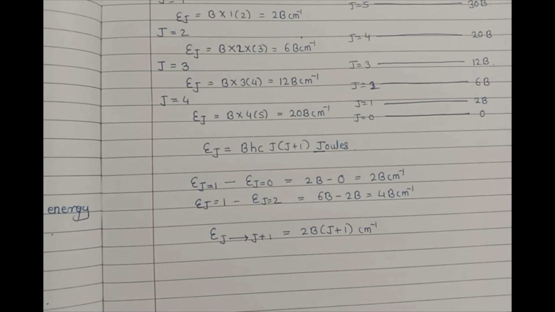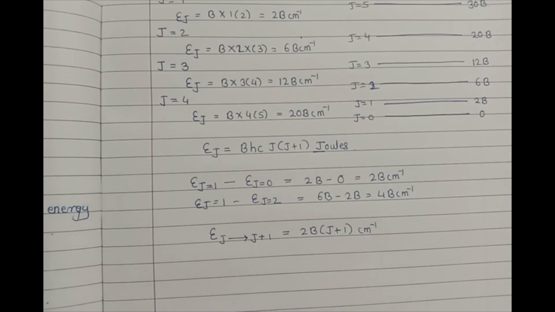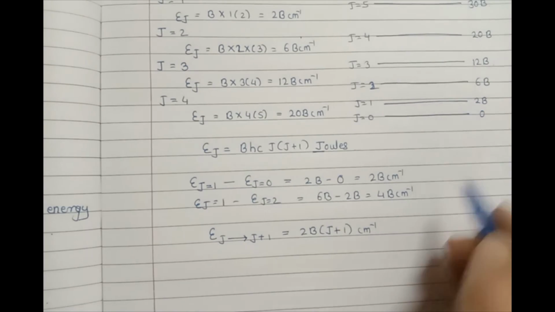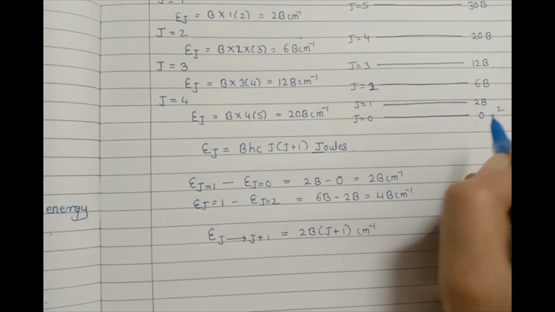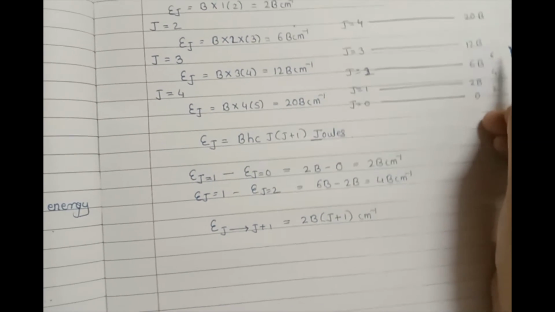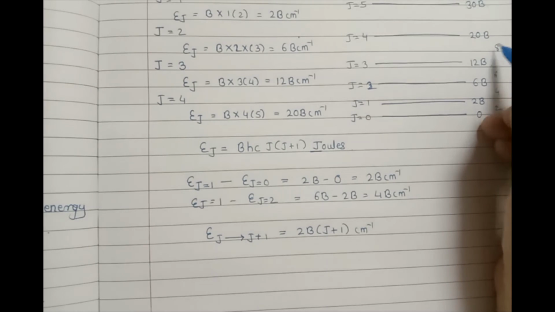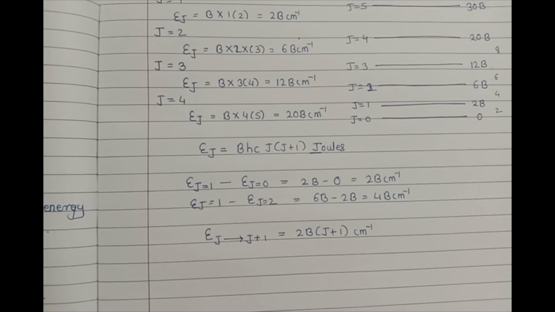So see students, don't get confused. These are the energy levels that we have derived. Now we are testing the difference between them. So for the first it is 2, for the second it is 4, for the third it is 6, for the fourth it is 8. Okay. This shows that there is some relation between them.